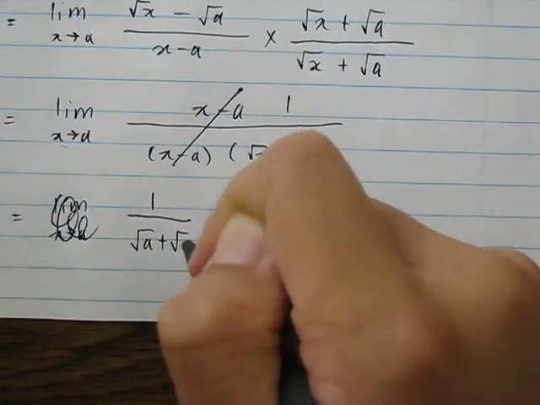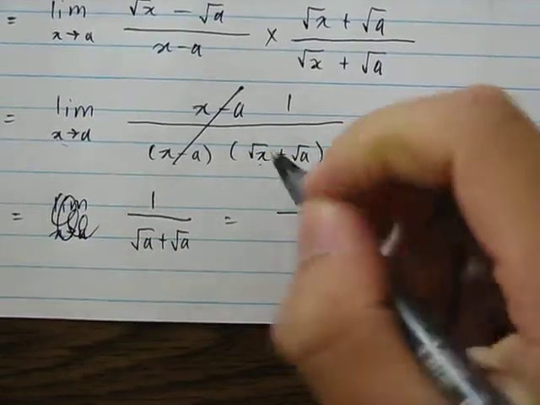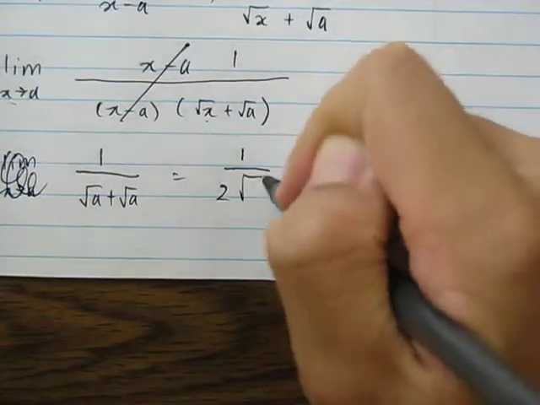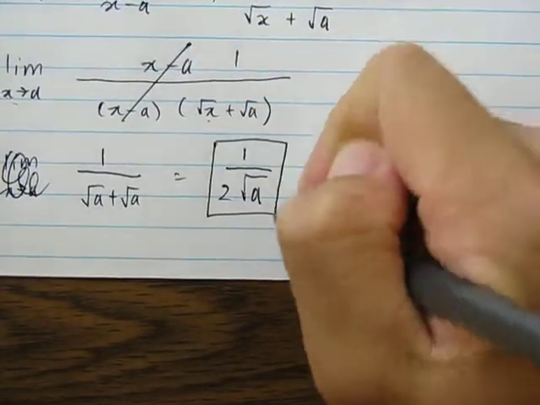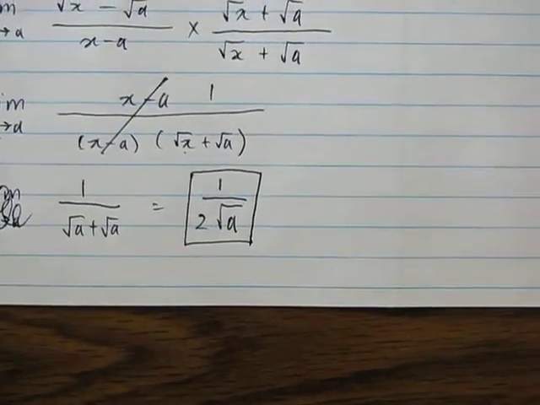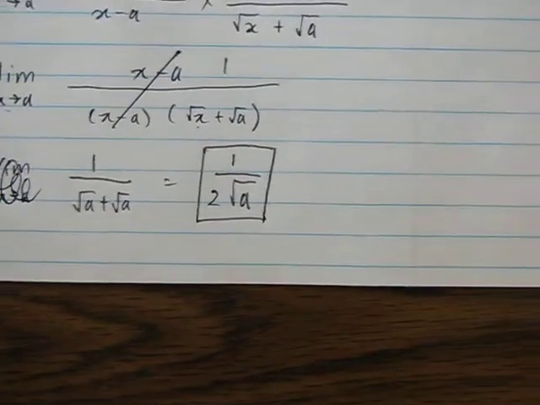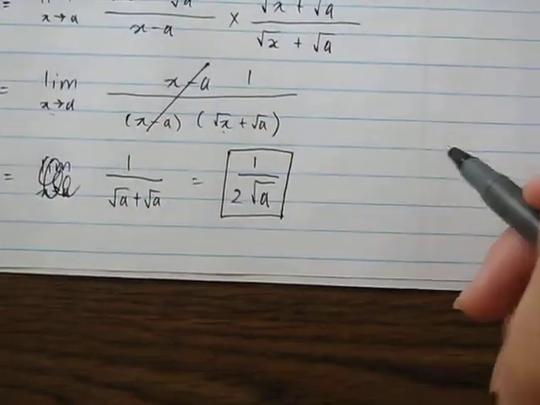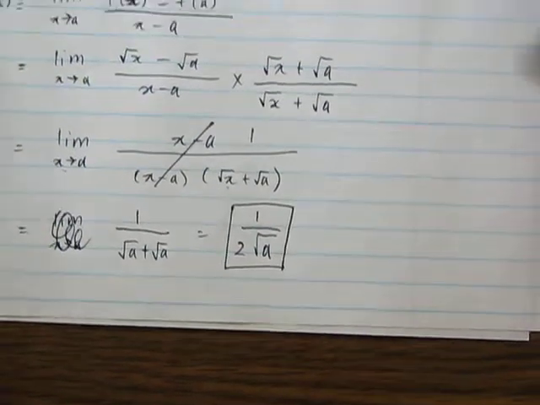So now you're left with 2 root a, and thus when you differentiate f of x equals root x, your derivative ends up looking like this. Okay? This means that at any point a, the rate of change of the function square root of x is modeled by 1 over 2 root a. Okay? That's all there is to know.